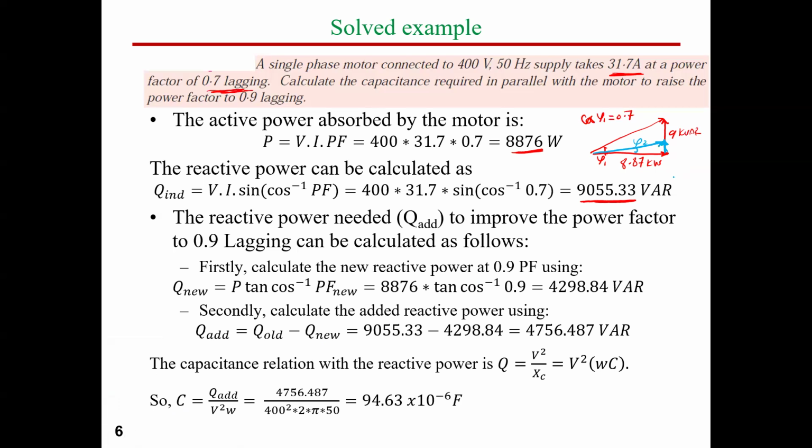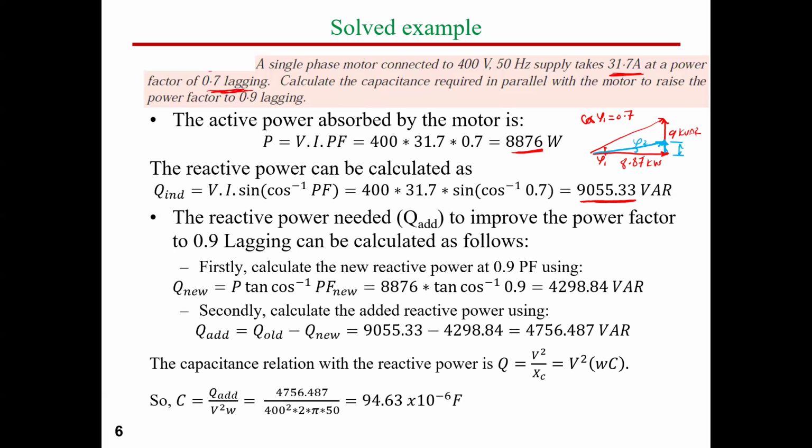Now I need to calculate the capacitor. In order to know the capacitor, I need to know the amount of added Q, so I need to know the amount of Q for the 0.9.